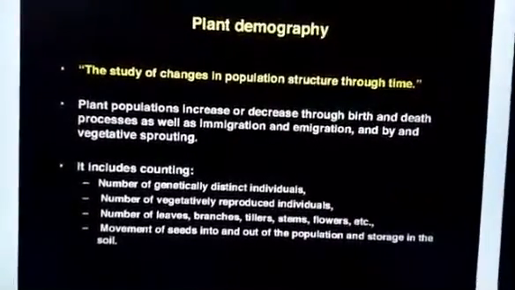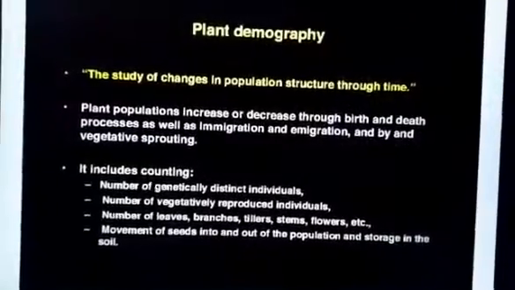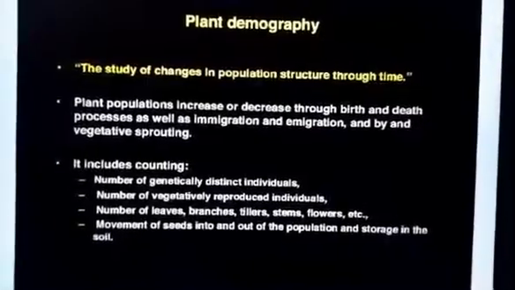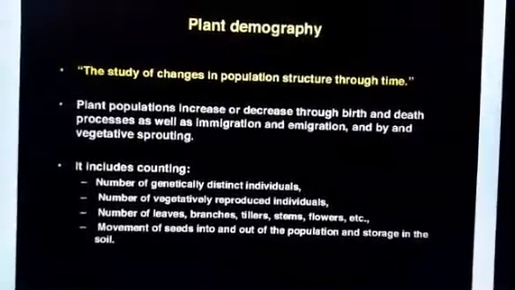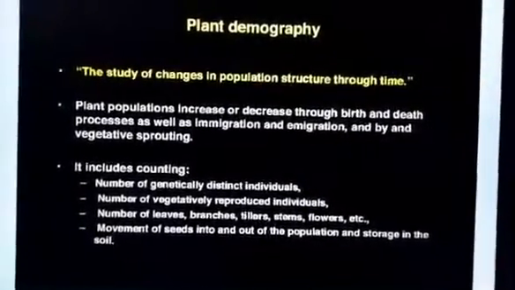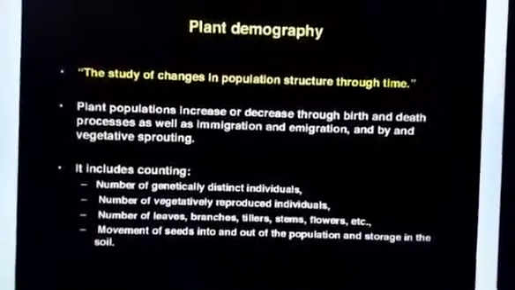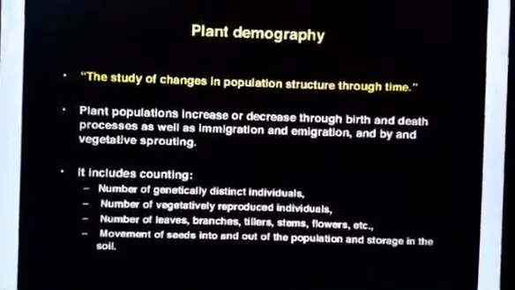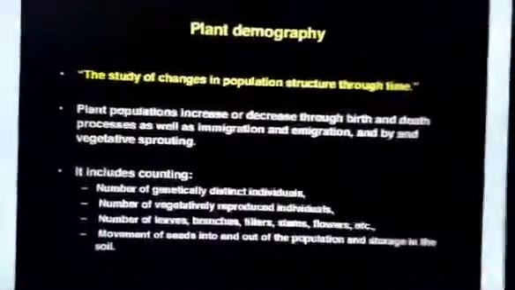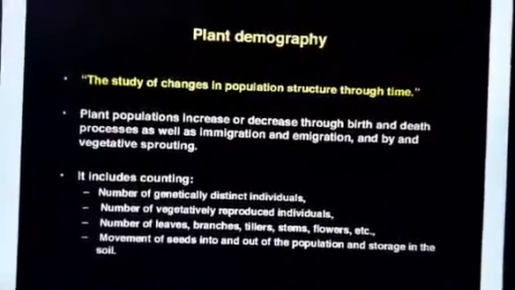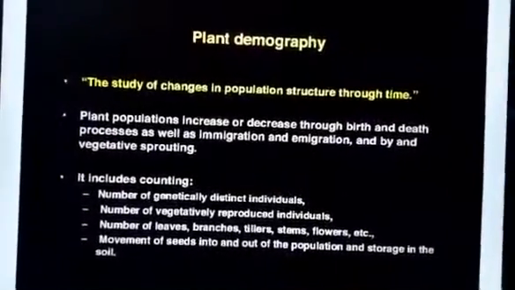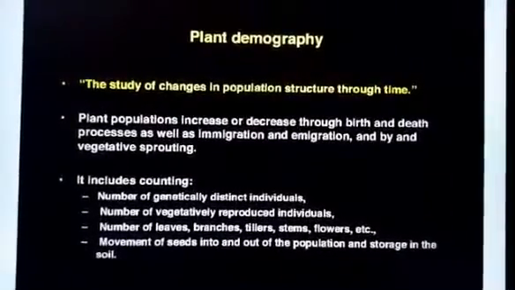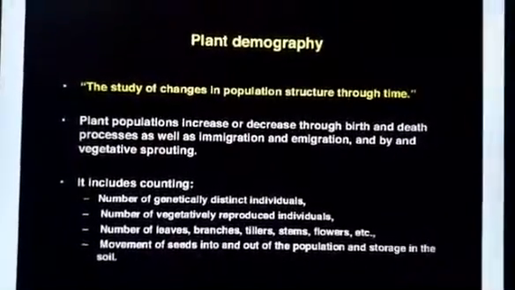Plant demography normally includes counting the number of genetically distinct individuals, the number of vegetatively produced individuals, the number of leaves, the branches, the tillers, the stems, and flowers, and so on. It also includes the movement of seeds into and out of a population and storage in the soil. We have to count all of those if you are a plant demographer.